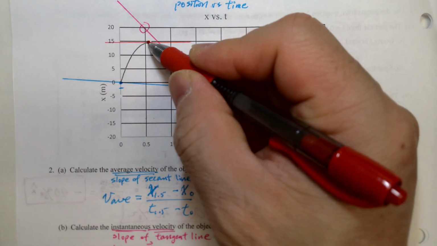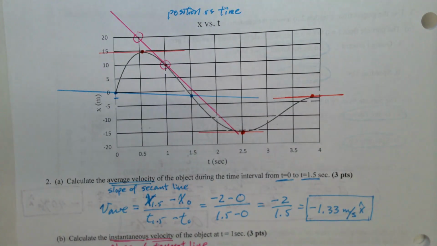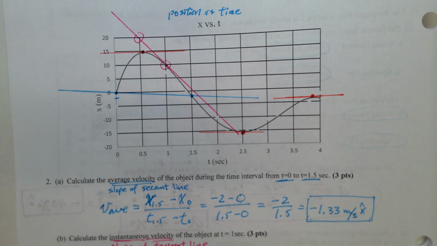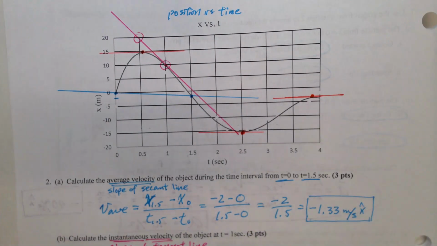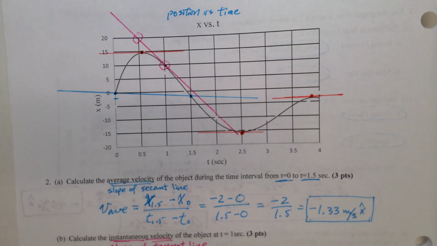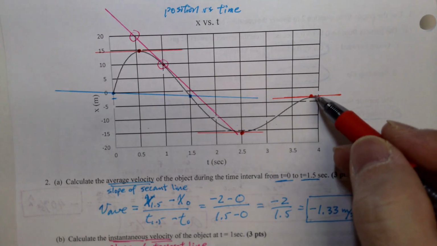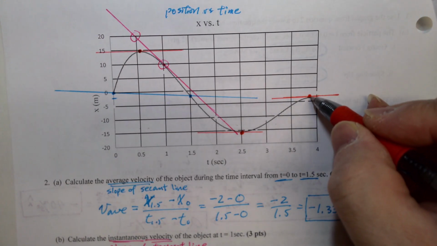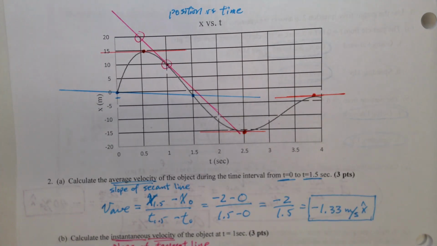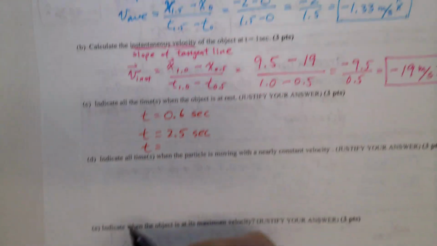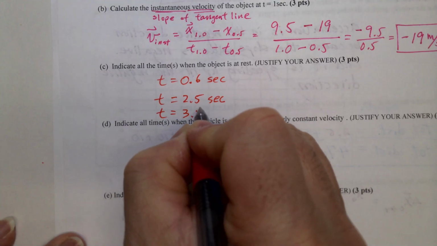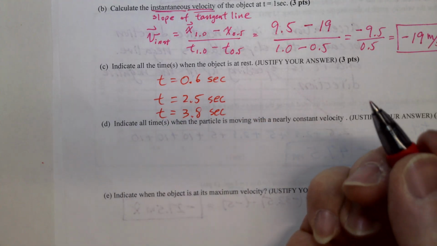So here looks like 0.6 maybe, right? When t is equal to 0.6 seconds. And here's like when t is equal to 2.5 seconds, right? And t is equal to like 3.8 seconds, right?